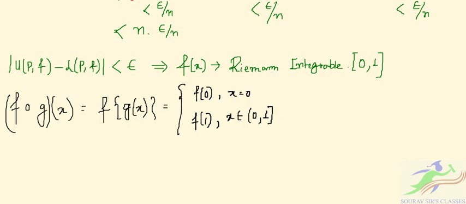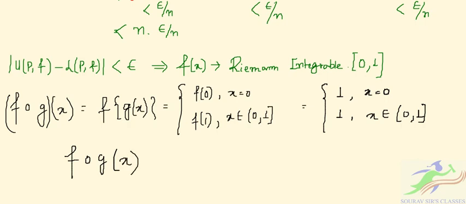And f of 0 is 1, right? So f of 0 is 1 for x equal to 0, and f of 1 is also 1 for x belonging to this semi-closed interval, right?